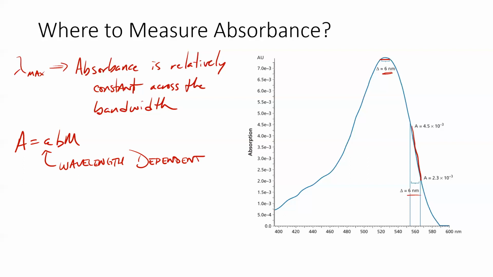And as you can see from this image, and if you've ever taken UV-Vis, you know that it can be very wavelength dependent, right? There are some wavelengths where epsilon is 0, right? The molecule just doesn't absorb at that wavelength. And there are other wavelengths where epsilon is 20,000. It absorbs a whole heck of a lot. And so because epsilon is so wavelength dependent, we want to choose that bandwidth. We want to put that bandwidth over a range where absorbance is constant, but really what we're interested in is epsilon being constant.